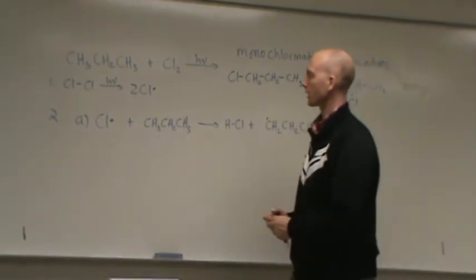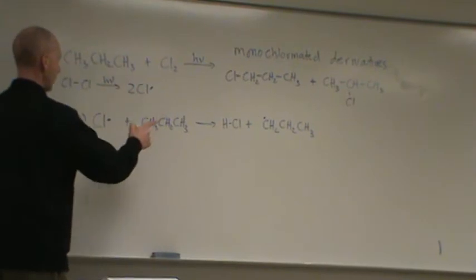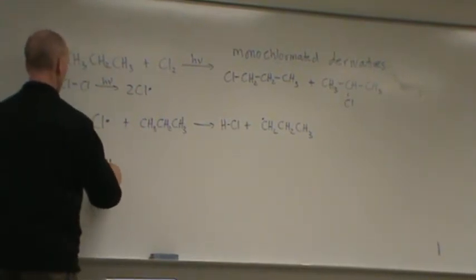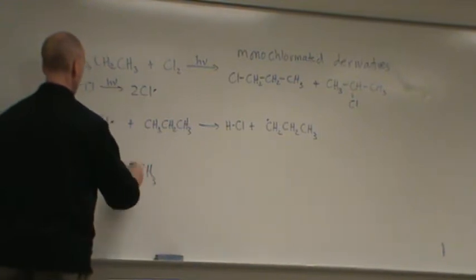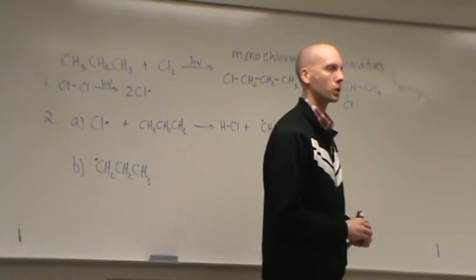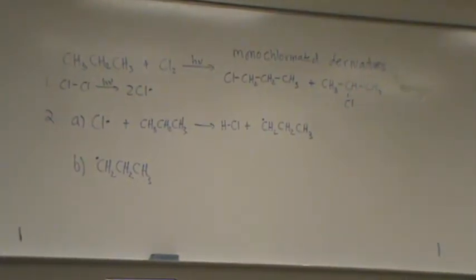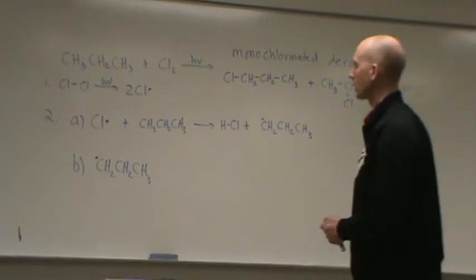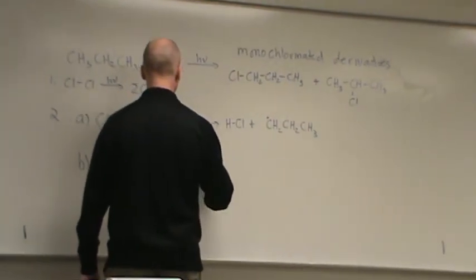And then in the second step, I would take my radical that formed there. What kind of radical is that called again? That was the what? Three carbon? Propyl radical. And I would react with what? Chlorine.